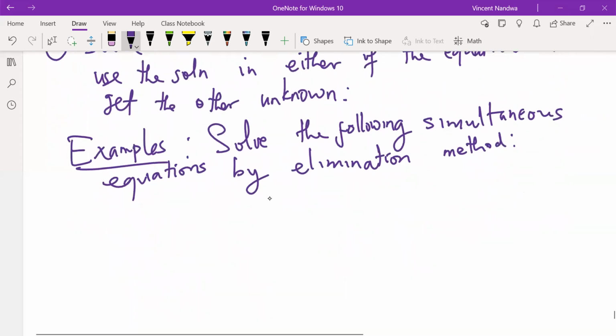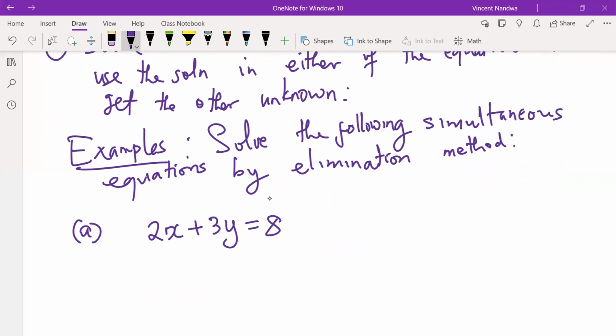Now, the first set of equations is 2x plus 3y equals 8 and 3x minus y equals 23.